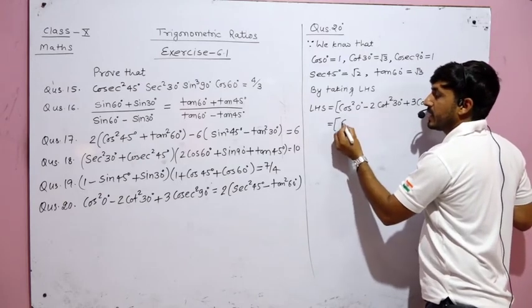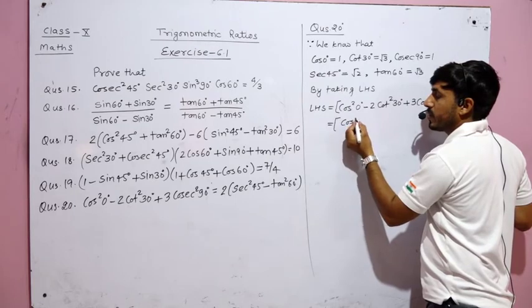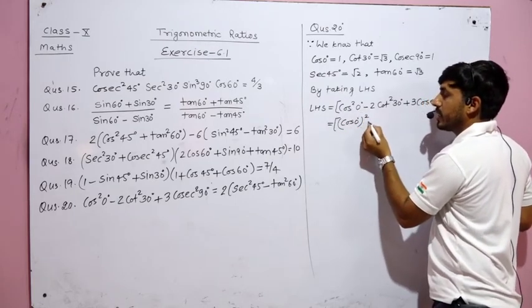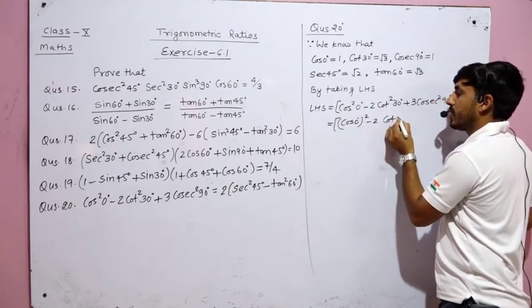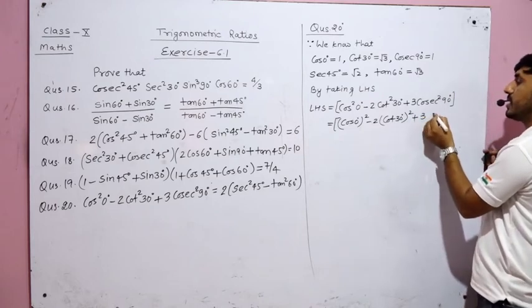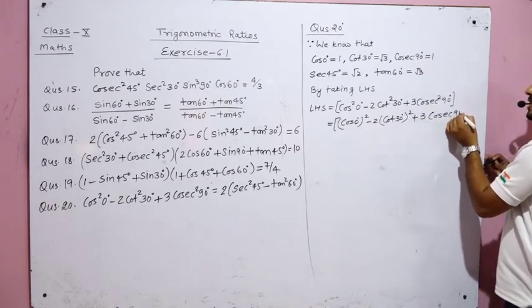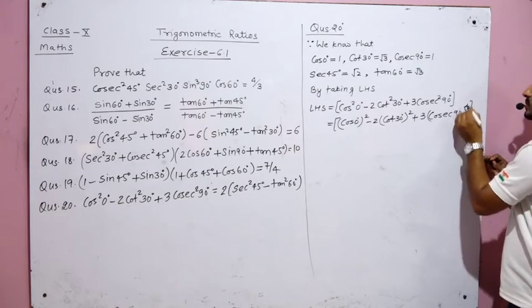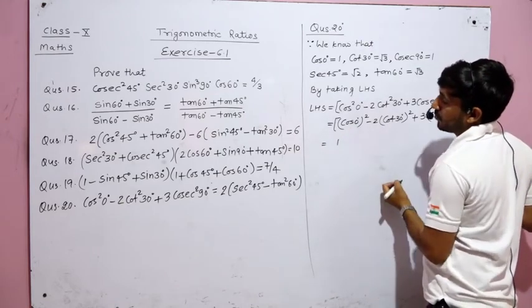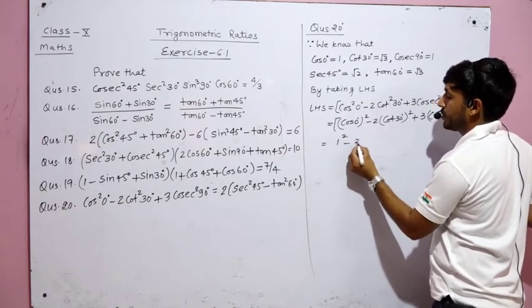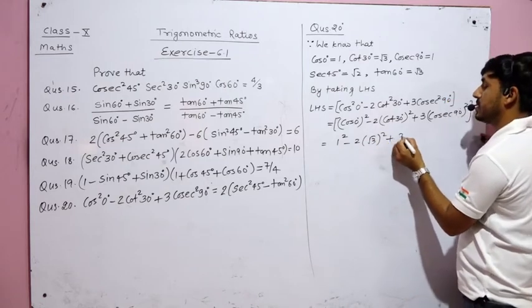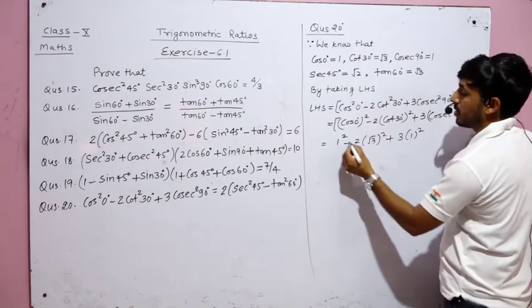We can write cos square of 0 degree, that means square of cos 0 degree. Next we can write square of cot 30 degree. Next we can write 3 into square of cosec 90 degree. What is the value of cos 0 degree? That is equal to 1, square of 1 minus 2 into root 3 square and plus 3 into 1 square.